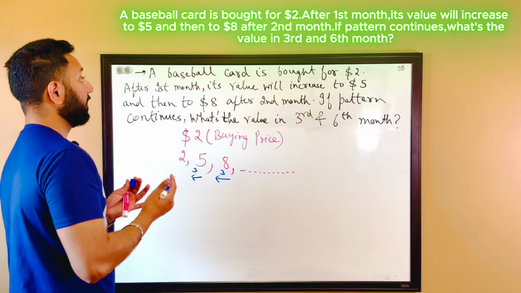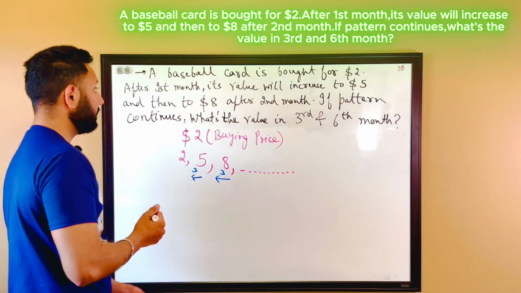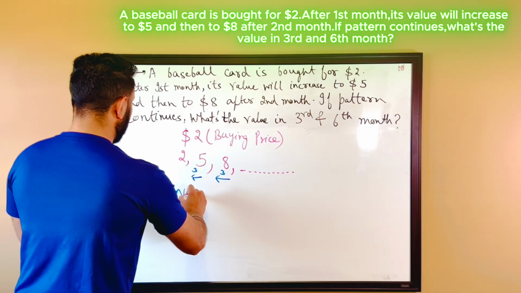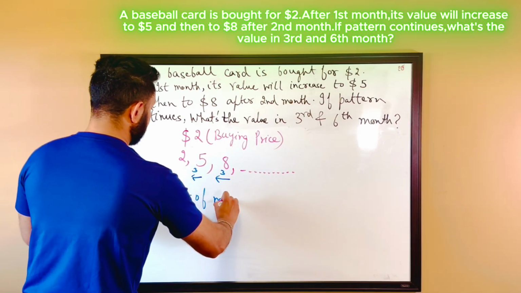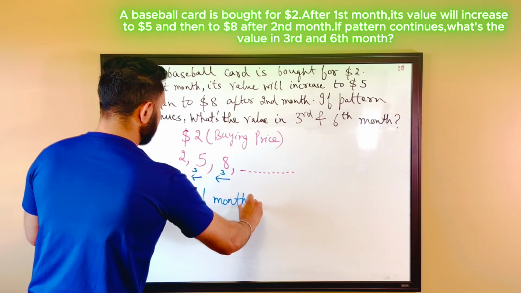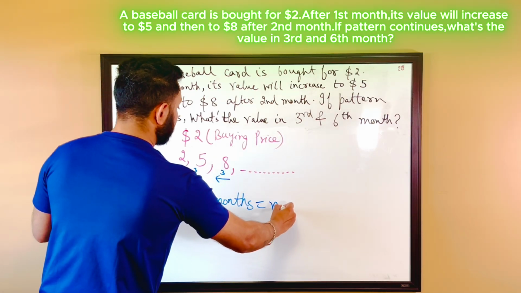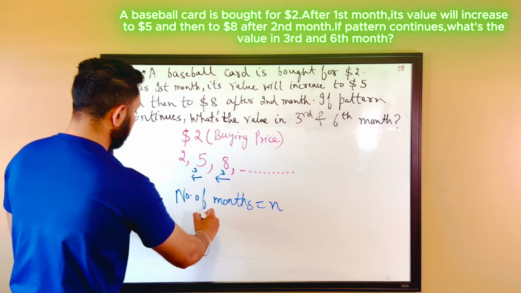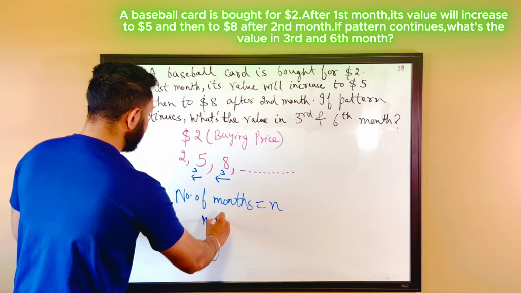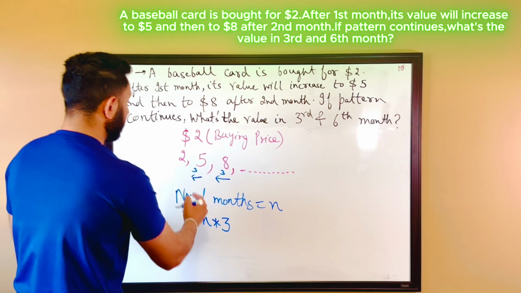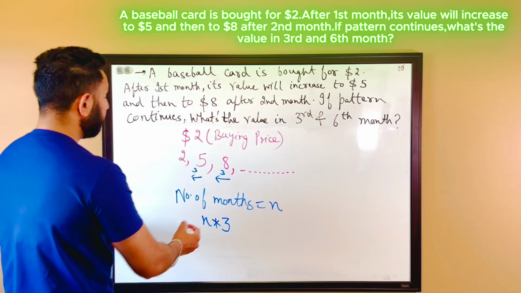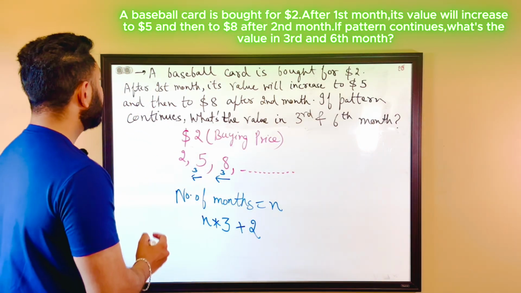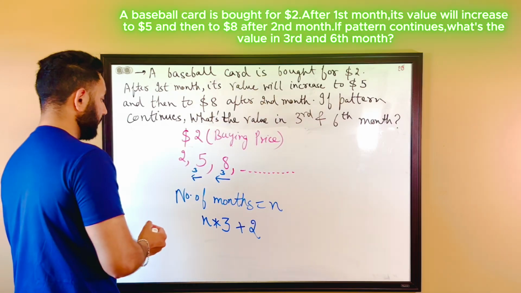First of all, we're going to make an algebraic expression. Let's say the number of months, which is the variable, is n. So the algebraic expression will be n into 3, because the difference is constant, plus 2, which is the buying price for the baseball card.